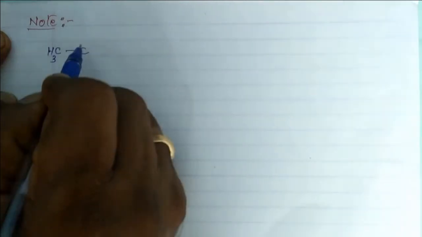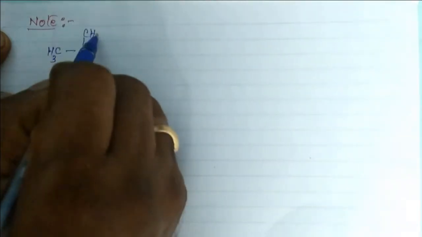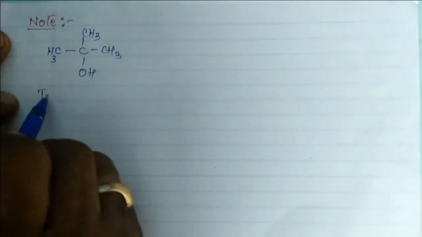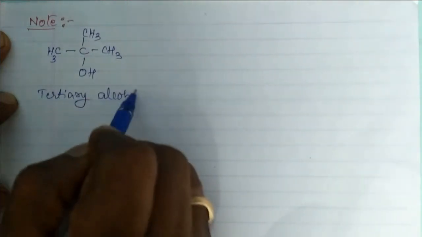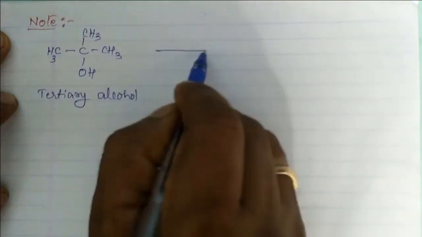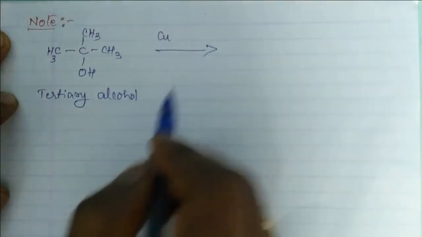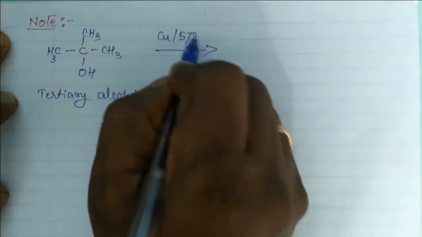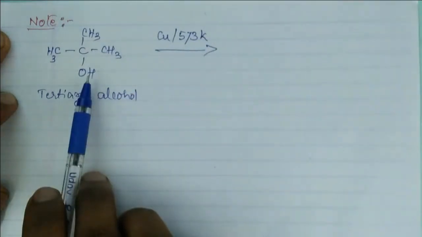For example, this is a tertiary alcohol, tertiary butyl alcohol, (CH3)3COH. If its vapors are passed over copper catalyst at 573 Kelvin, it does not form either aldehyde or ketone. It does not undergo dehydrogenation.